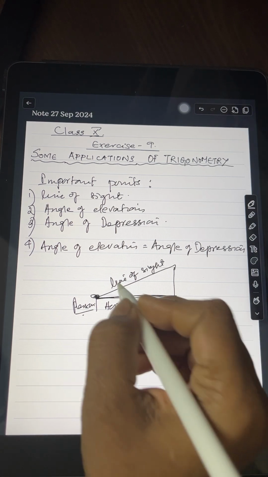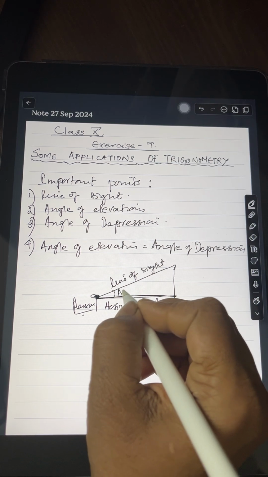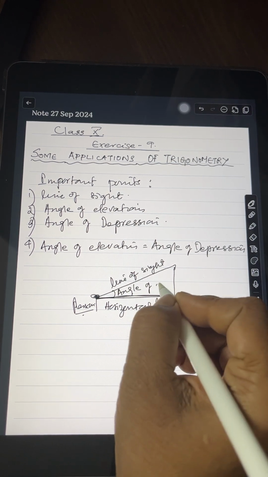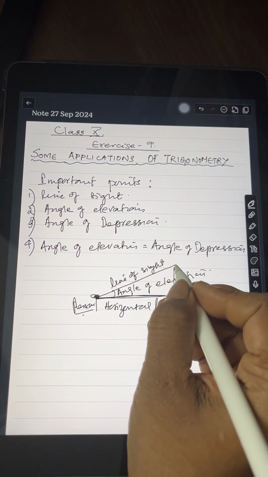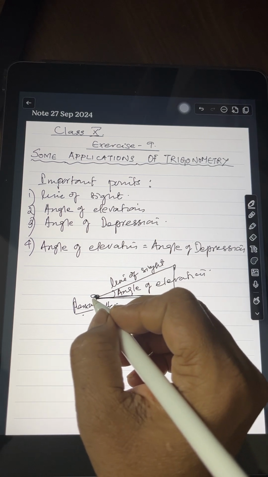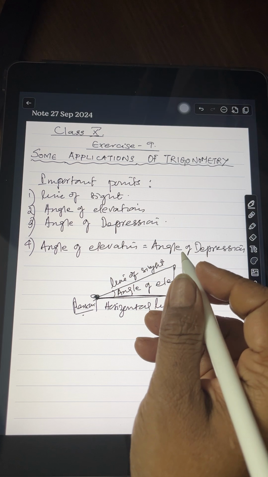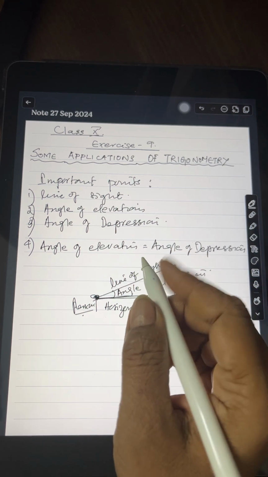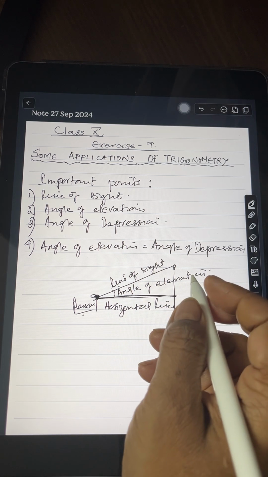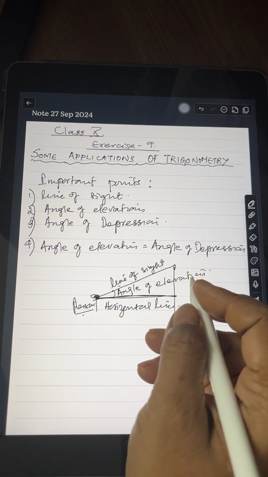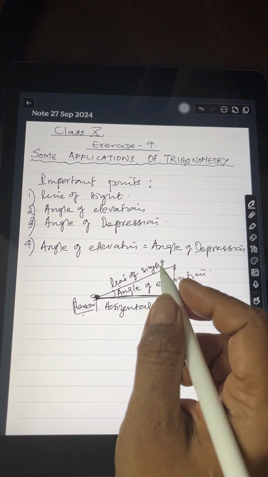The angle between the line of sight and the horizontal line is the angle of elevation, because he is gazing from down to the top. So his eyesight will be up. If he looks up, then it is the angle of elevation. This is the horizontal line, and this is the line of sight.